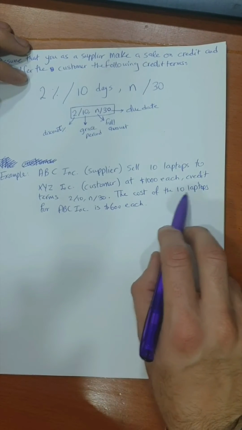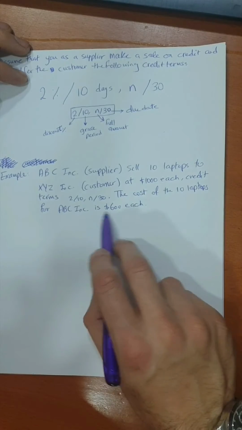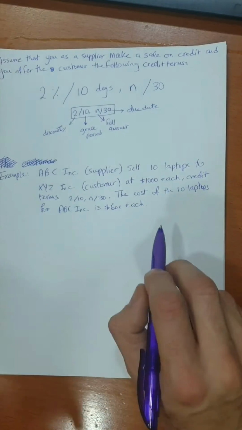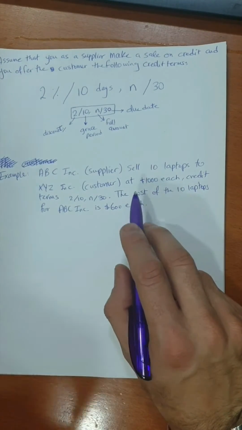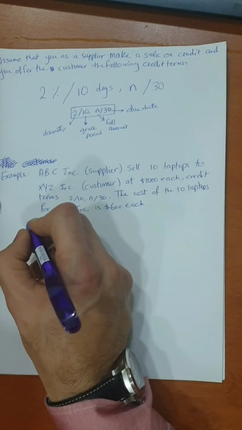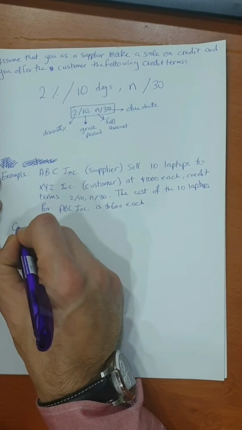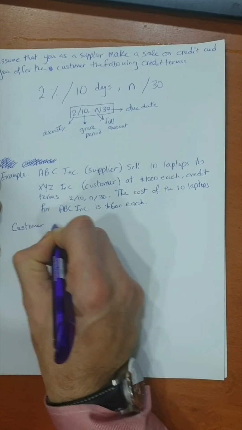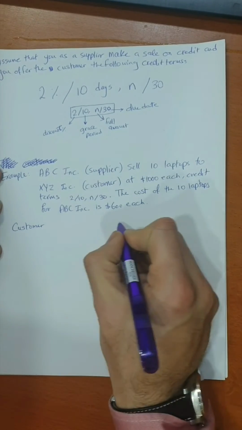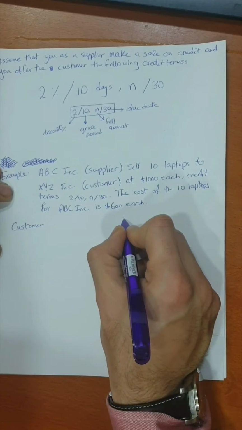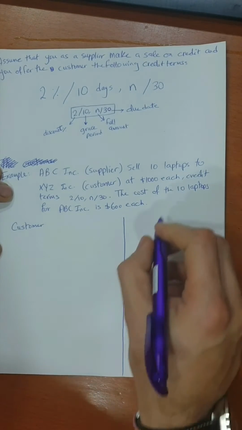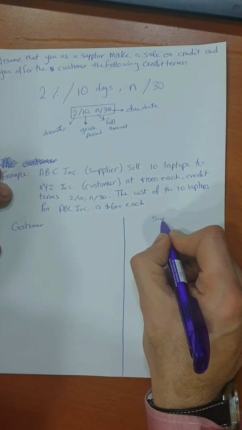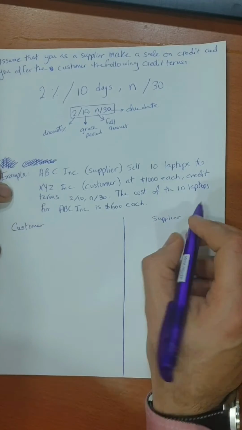Credit terms are given. The cost of 10 laptops for ABC is $600 each. So 6,000, and the selling price is 10,000. Now, from the perspective of the customer, and then from the perspective of the supplier. Okay?